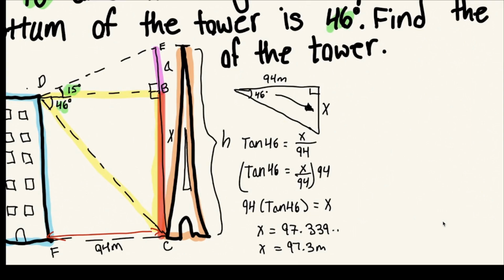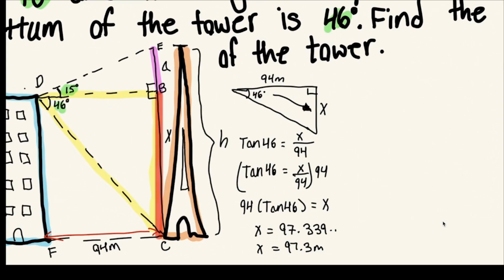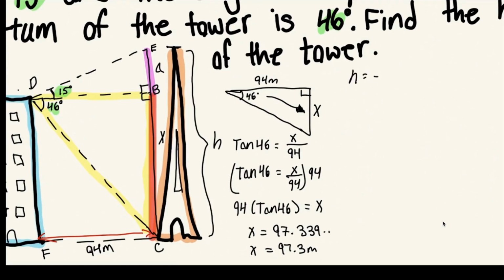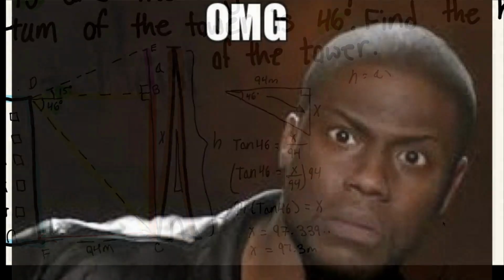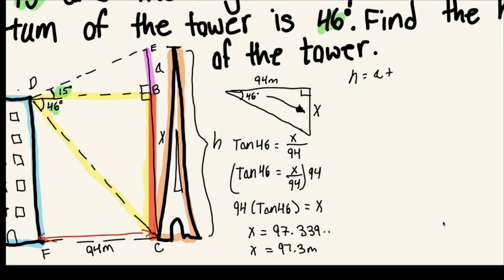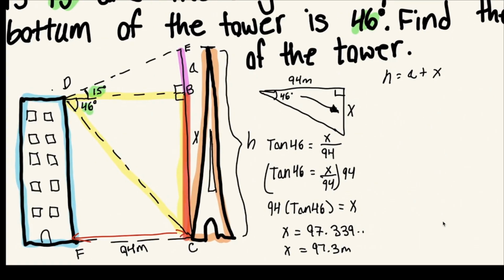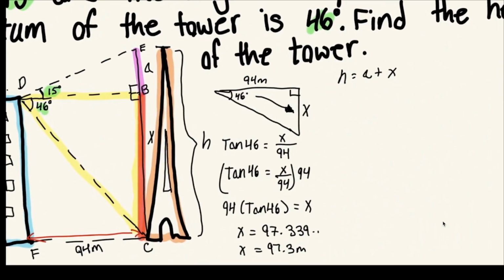Okay, so we're not done yet, because we still have to solve for a, because that's still part of the height. Because remember, height is going to be a plus x, right? And so to figure out a, if we draw the other triangle, right?